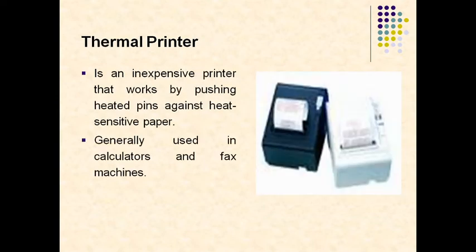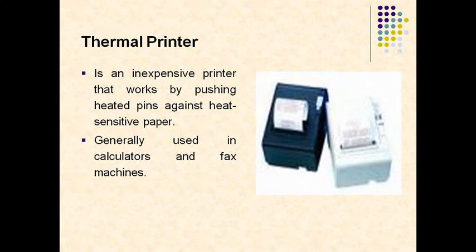Next, the thermal printer. The next type of printer is the thermal printer. It is an inexpensive printer that works by pushing heated pins against heat sensitive paper. I think you will be seeing that nowadays, for generating the electricity bill, people bring some type of automated printer machines to homes.